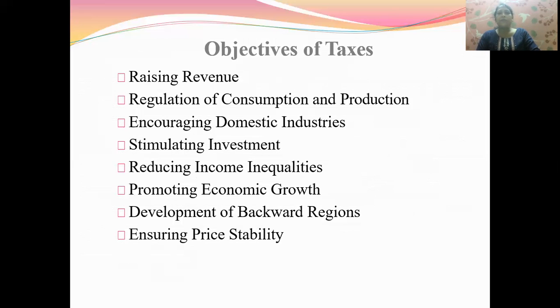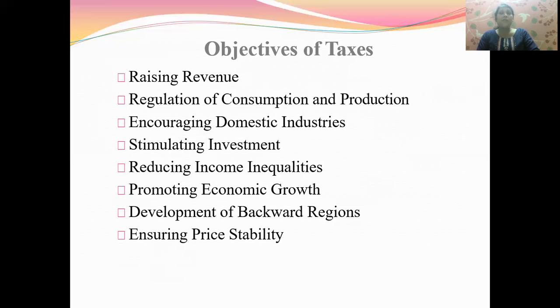So the objectives of taxes are raising revenue, regulation of consumption and production, encouraging domestic industries, stimulating investment, reducing income inequalities, promoting economic growth, development of backward regions, ensuring price stability.